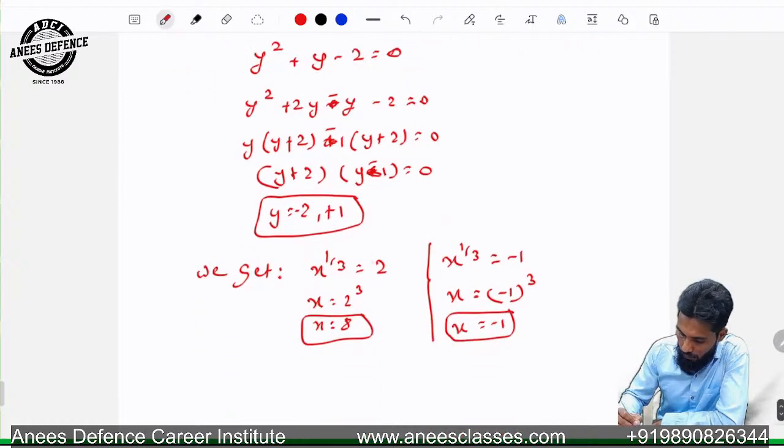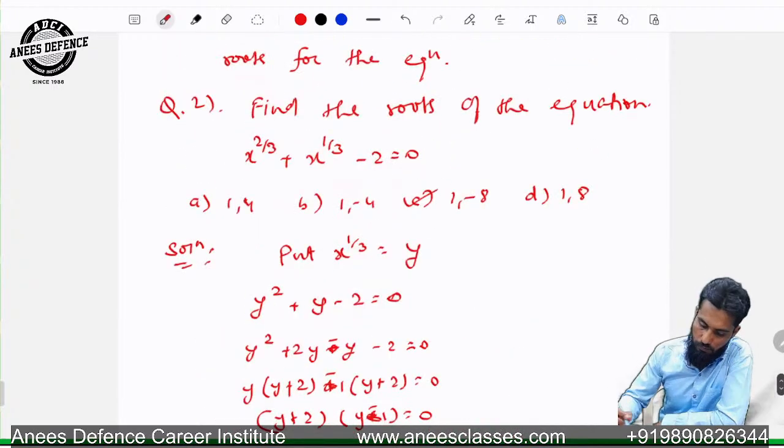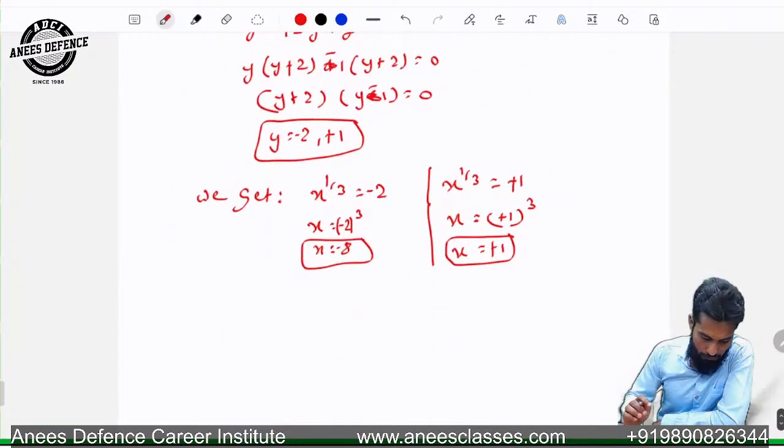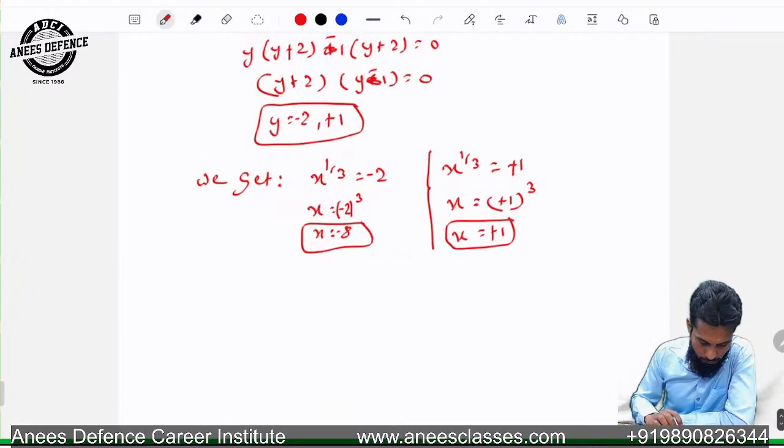Fine. So put here minus 2, and here you have to put plus 1. So plus 1 cube is plus 1, and minus 2 cube will be minus 8. So we can tick option 1 and minus 8 now. Fine. Yes, sir. Okay, fine. Next question now.